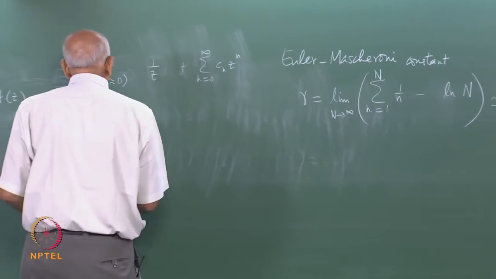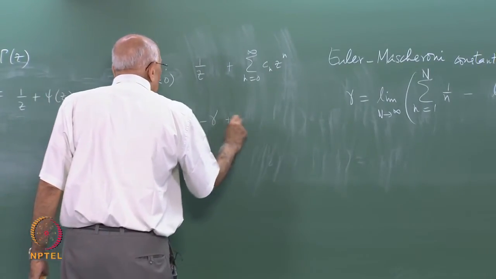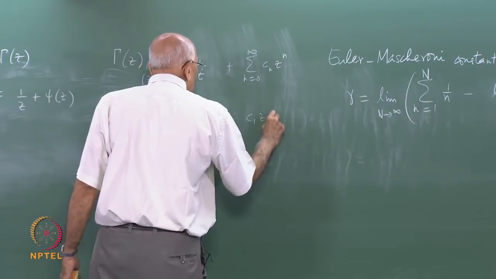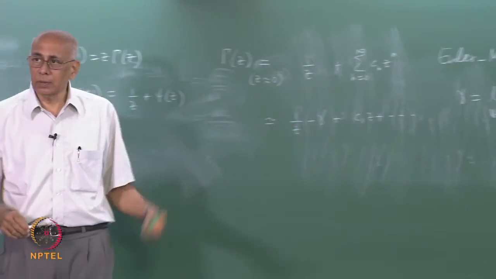So it turns out that this is 1 over z minus gamma plus C1 z plus etc. on this side. So the gamma appears here in this place.